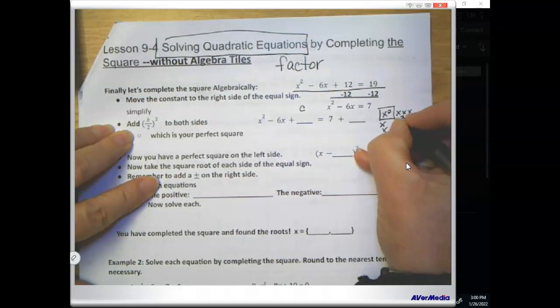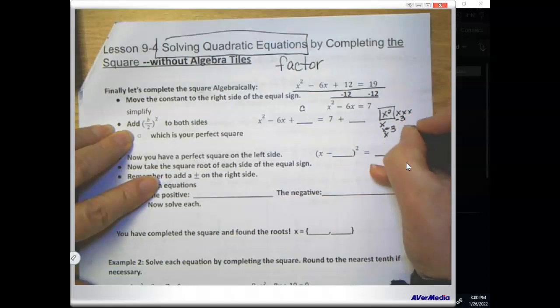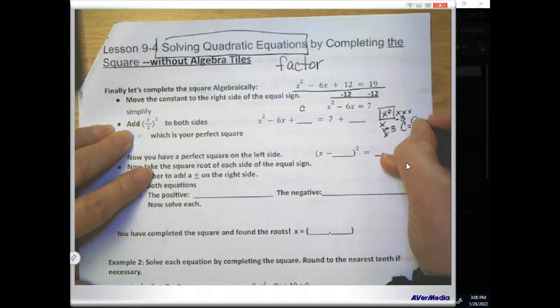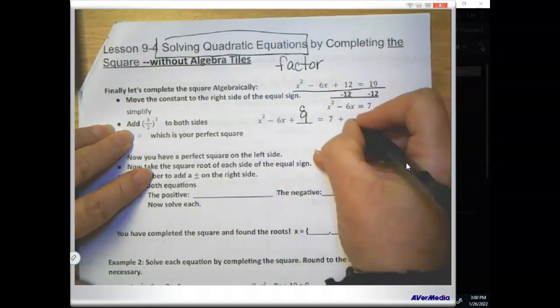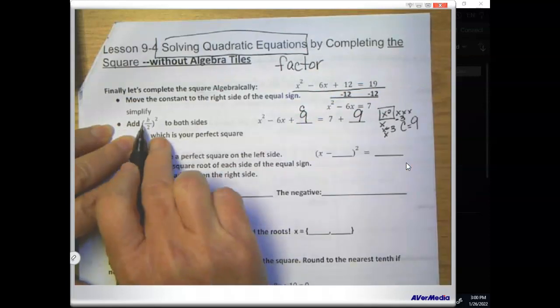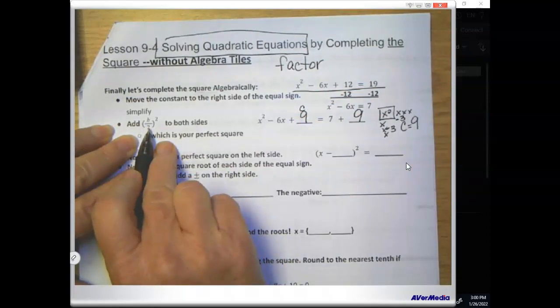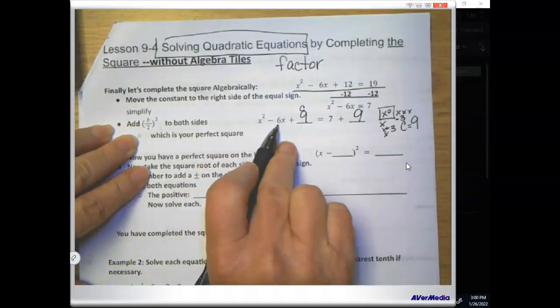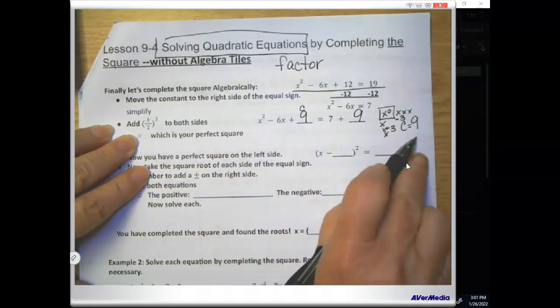Now, these are minus because it's a negative 6. To find our C, we just multiply those and get 9. So we're going to add 9 to both sides. Another way you could do that is to take your B and divide it by 2 and then square it, and you'll still get the 9.